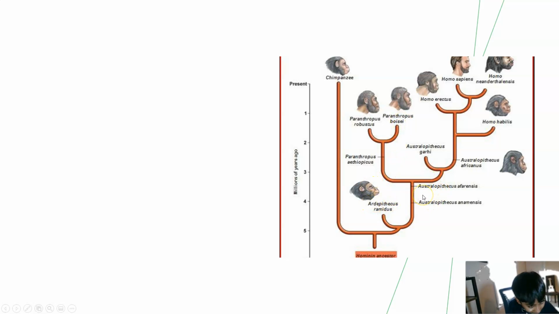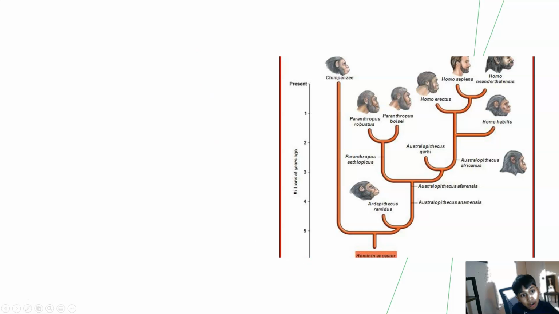And they gave birth to a creature called Ardipithecus ramidus. Okay, and this is the hominid ancestor.